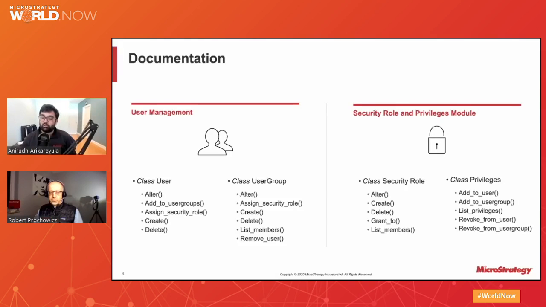And in one line of code, you can grant a particular security role to a user or user group across any application. It's so easy, and also you can do things like listing members for that security role. Same goes for privileges. We have a privilege class so that you can add a specific privilege to a user group or revoke them.